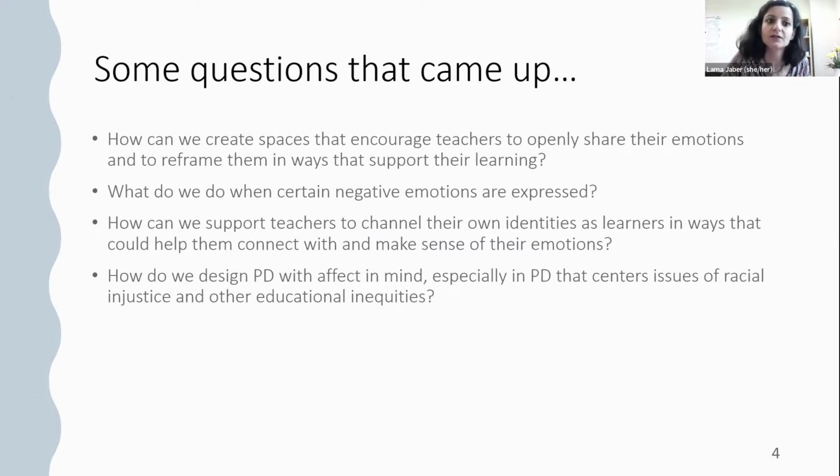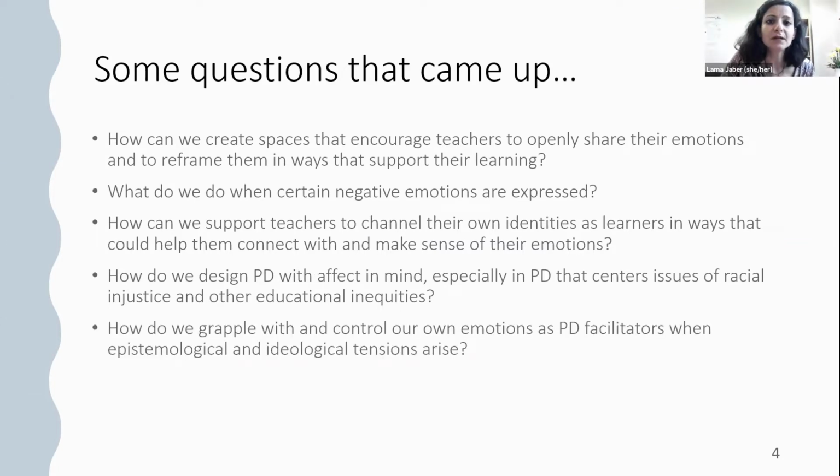And how do we grapple with and control our own emotions as PD facilitators, especially when there are tensions and contestations among participants themselves around epistemological or ideological orientations, and also between the participants and the PD facilitators?